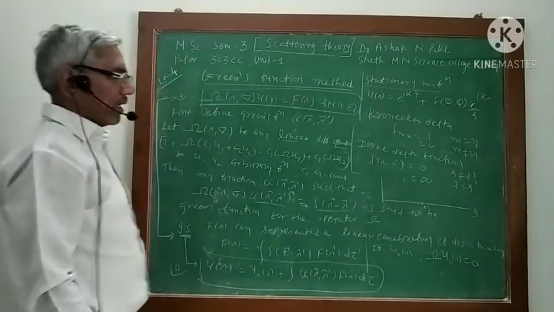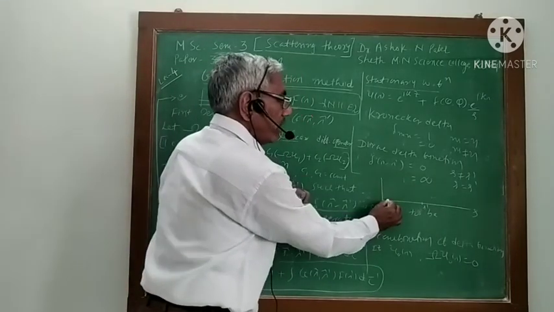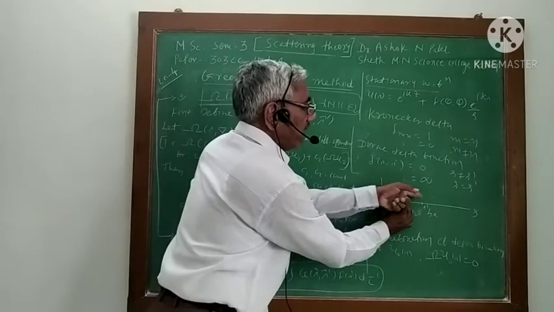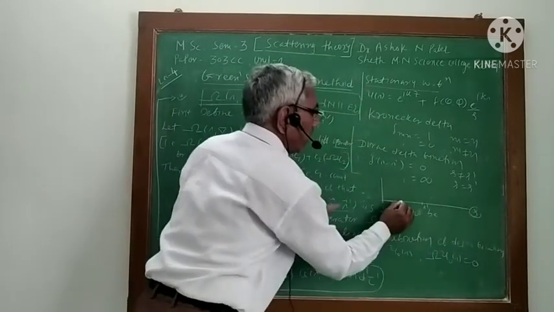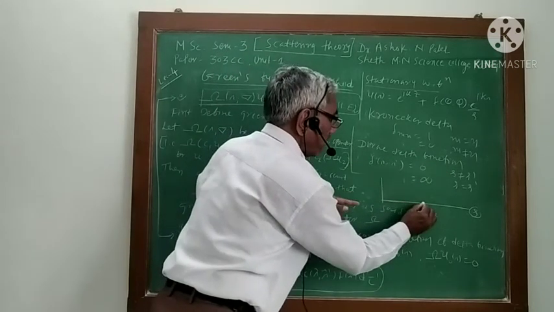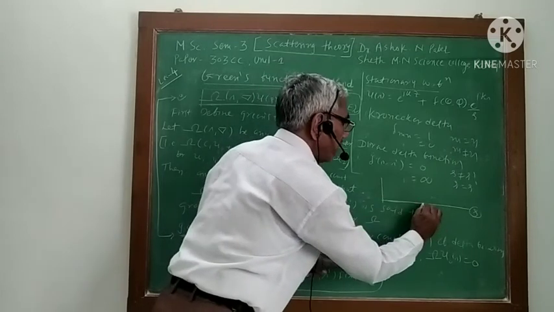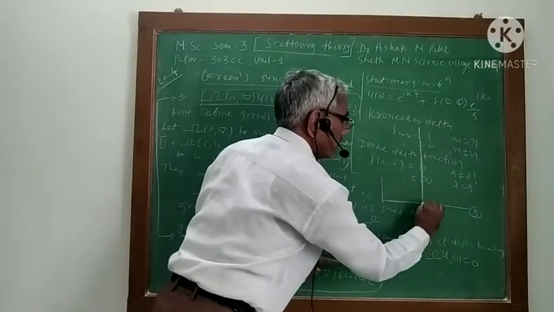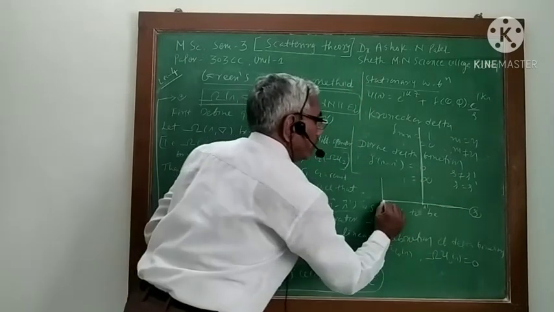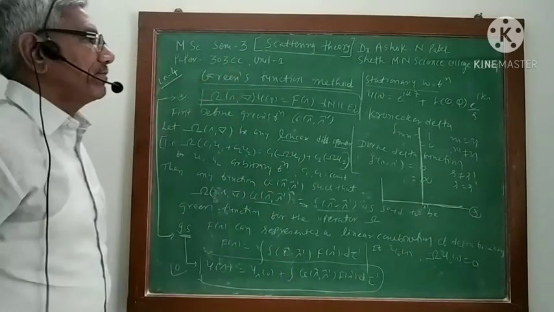At this point r and r dash are not equal, so my delta function is 0. But when it comes over here, at that time r is equal to r dash, and my function will become infinite, and then again for r not equal to r dash, it is 0. So these are the properties of the Dirac delta function.